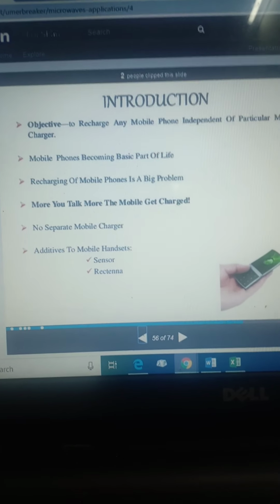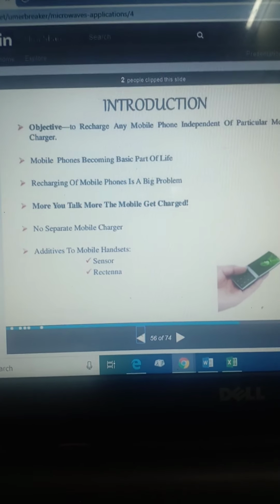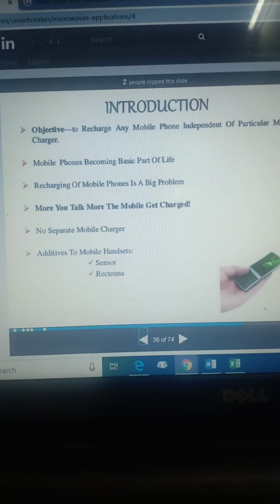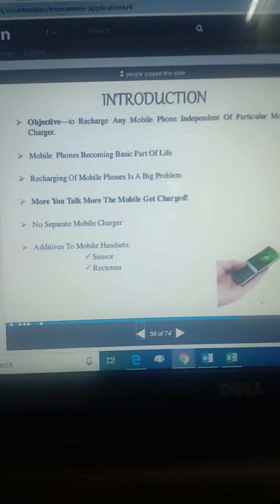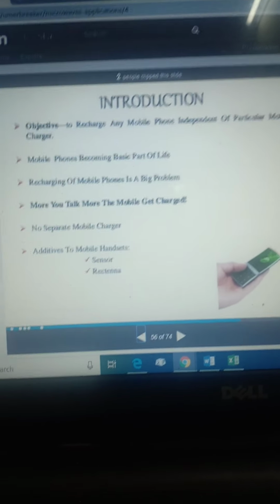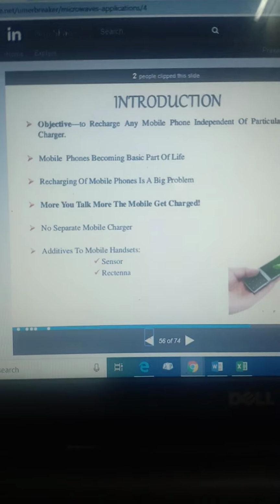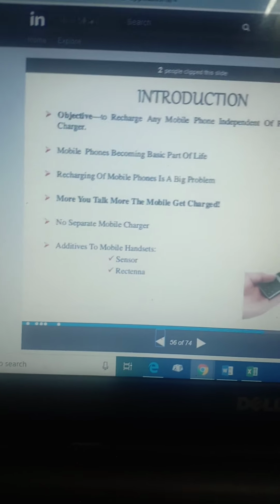Whenever a call is received, the microwaves are converted into DC power, and the mobile gets charged. So if you talk more, the charging time will also be more, so that there is no need for a separate charger.